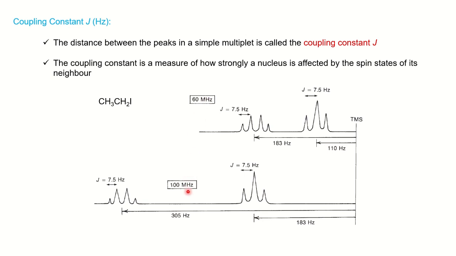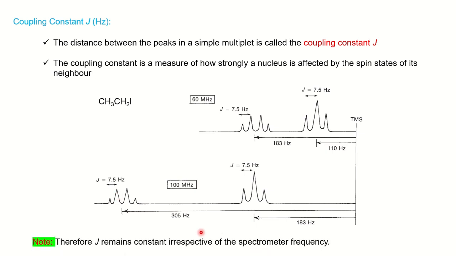So a very important statement: the coupling constant and the chemical shift values are independent of the instrument frequency. While the shift from the TMS is going to be different. Here for the triplet you had 110 hertz, now it is 183 hertz. Similarly for the quartet it was 183 hertz, now you have 305 hertz. So the shift changes, but the chemical shift value and the coupling constant value remain the same.